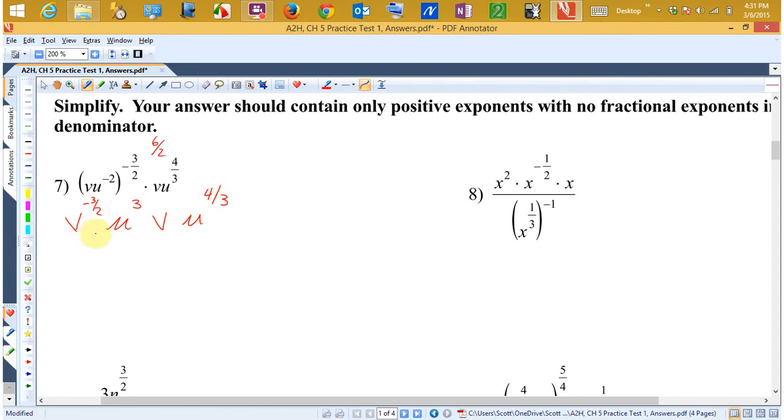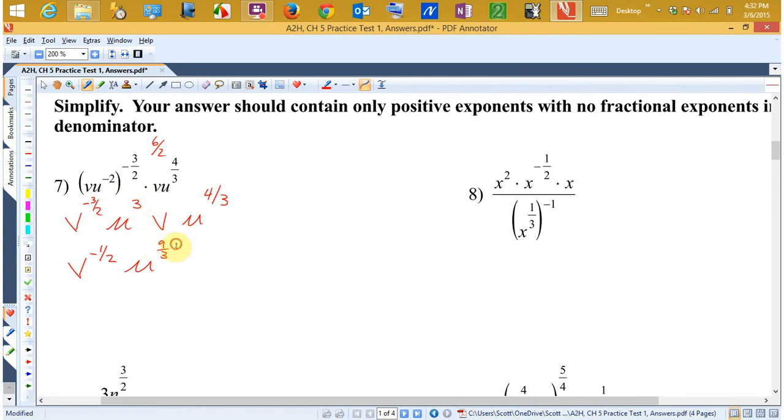So what's going to happen next is the like bases will combine. So I'm going to have the v with the negative 3 halves and v to the 1. Those will add, and I get v to the negative 1/2. I get u to the 3 plus 4/3. So let's go ahead and change the 3 to 9/3 so that I can add those.